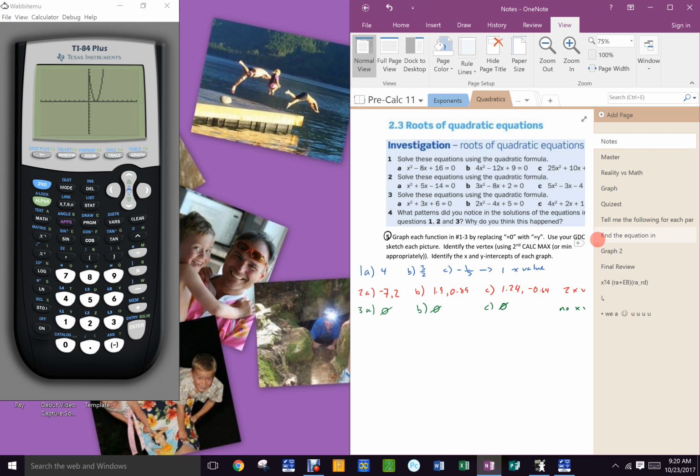Was everybody able to make that picture? Okay. Is it a minimum or a maximum? Minimum. So we would go second, calc, minimum, 3, and set up your boundaries. My cursor's on the left. My cursor is on the right.